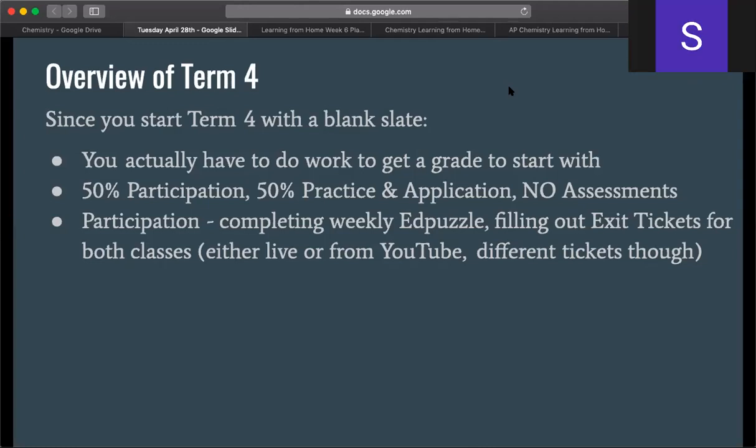Wait, so Ms. Baskin, for the exit tickets, are you going to give us a link? Yes. So you're going to send out a link through Remind, and then we're just going to click on that, fill out whatever it is, and it submits it to you? Okay, so I'm not going to do it through Remind. It's actually on a slide here, and I'm going to drop it in the chat.